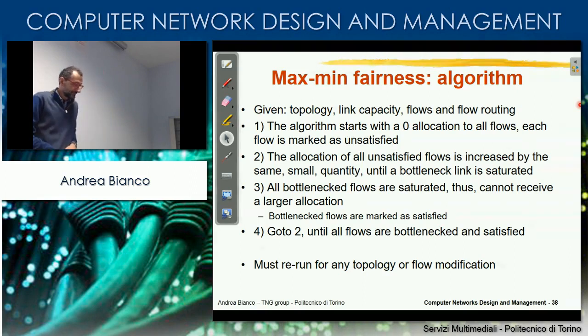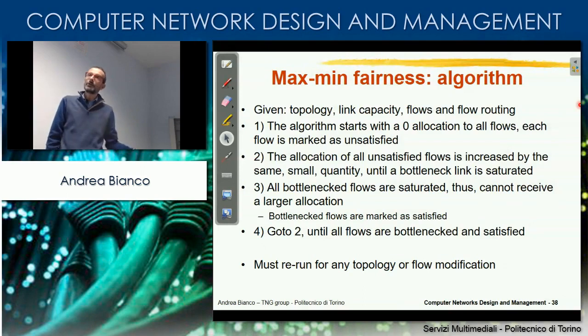Okay? That's the algorithm. Now, is it clear, the algorithm? Now, that implies that for any change in the input set, you should rerun this algorithm from scratch and recompute the new rates. And any change in parameters means any link speed variation.